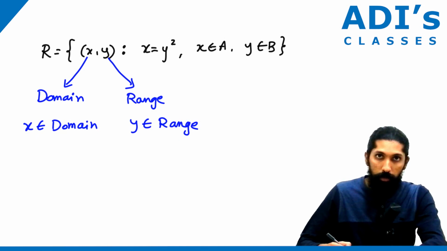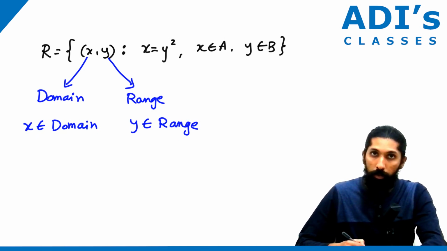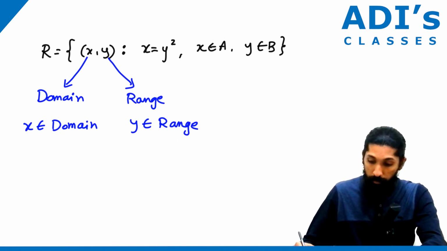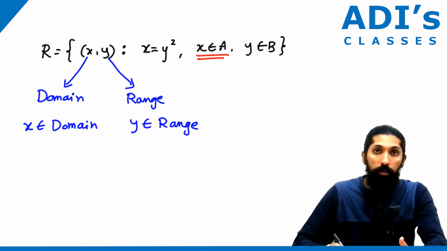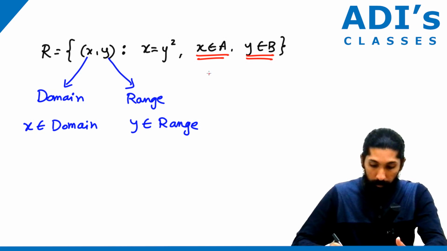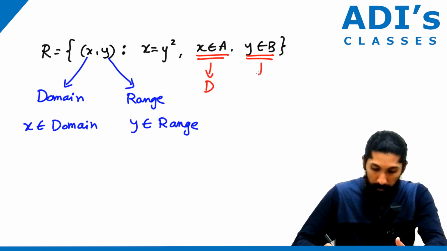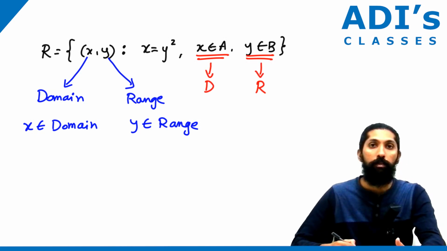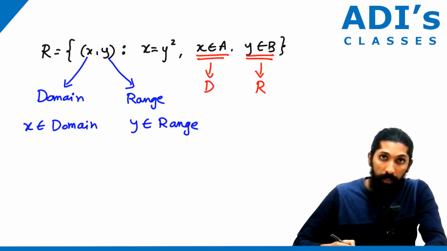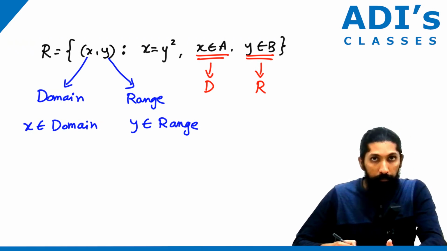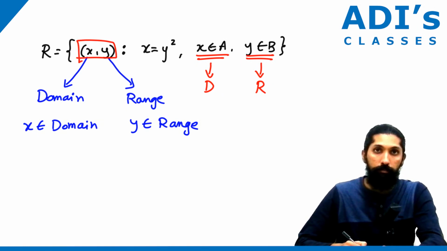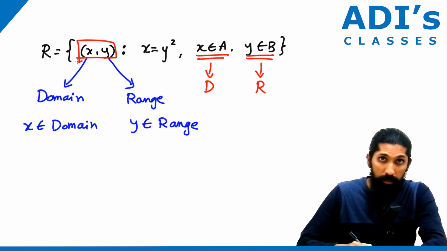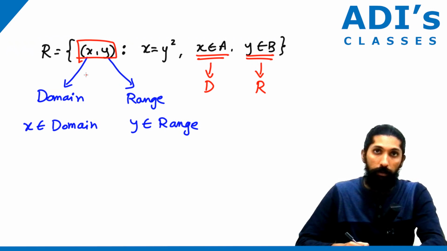Fair enough? So we understood which element belongs to domain and range, which we can further confirm by looking at this one. This is the domain, this is the range. Now for that particular element, we have a particular image, right? That is given by this x comma y. So for the element x, y is the image.